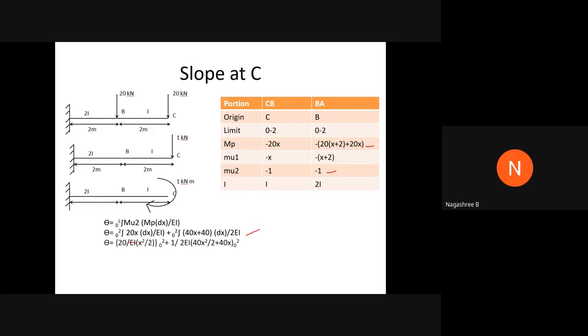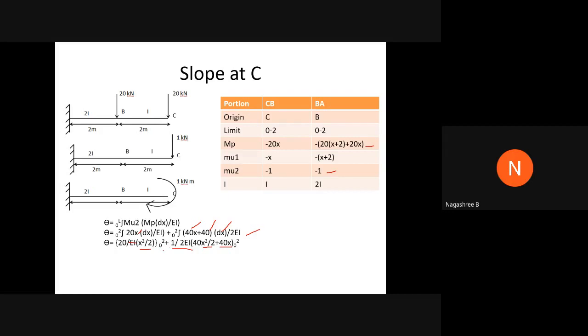If you simplify all these things, the integration of 20x will be 20 by EI times x square by 2. And then I have taken 1 by 2EI as common over here. So integration of 40x will be 40x square divided by 2, and integration of 40 with reference to dx will be 40x.